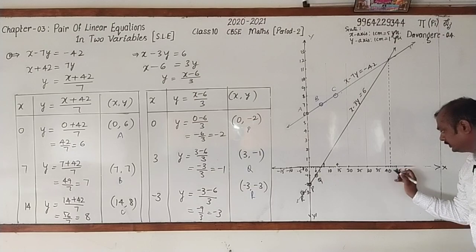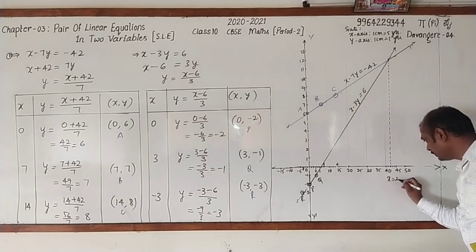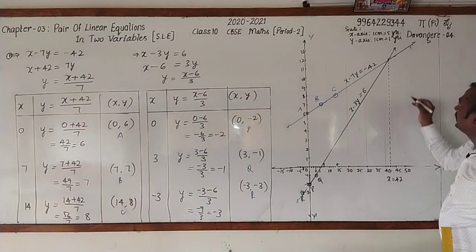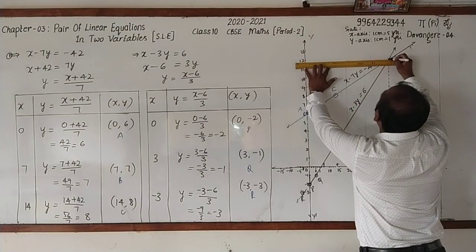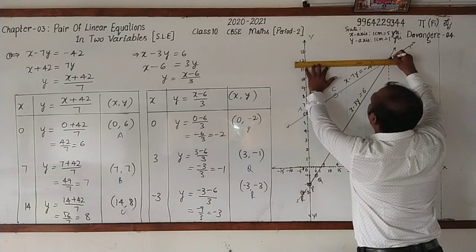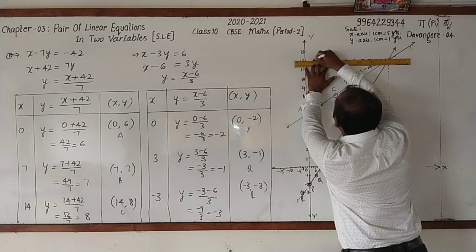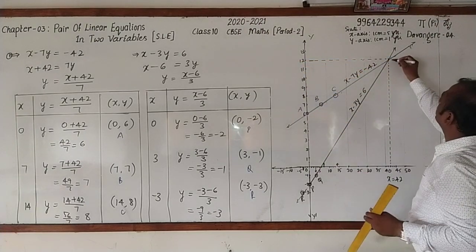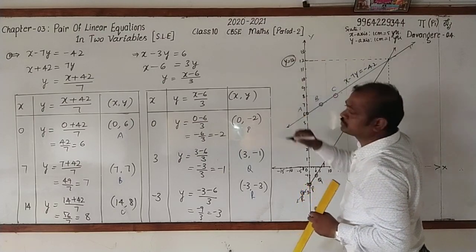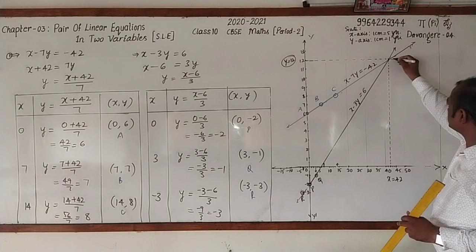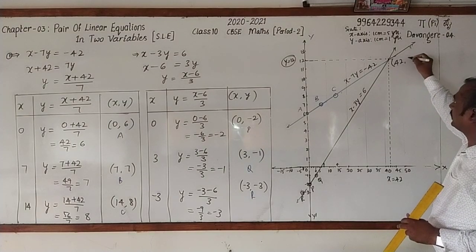Here 1, 2. It is x equal to 42, right? And similarly, here I draw the perpendicular to y-axis. Observe, it will intersect at y. So it is y equal to 12. We can write the coordinates of this point as 42, 12.